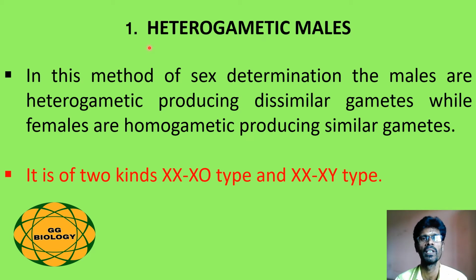As the name indicates, heterogametic males produce two types of gametes. In this method, the males are heterogametic, producing dissimilar gametes, while the females are homogametic, producing similar gametes. Here we have two types, namely XX-XO and XX-XY.